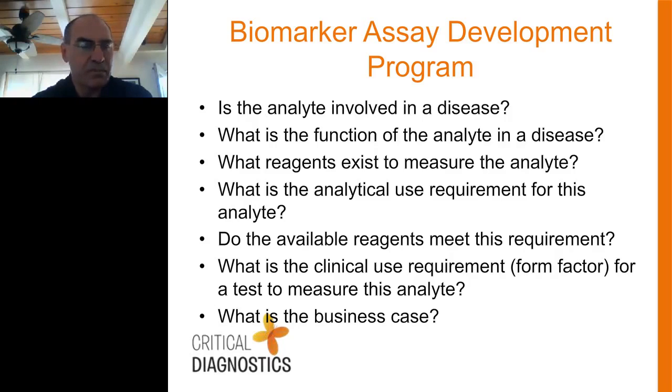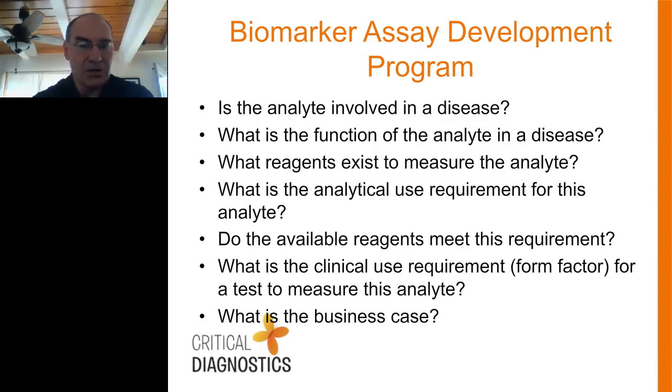Very importantly, what are the analytical requirements for measuring this analyte? Is it stable? Is it unstable? What biological fluid is it present in? Is it a biological fluid that is easy to obtain, or something that would be very difficult to obtain? Is it a high concentration analyte or a low concentration analyte?